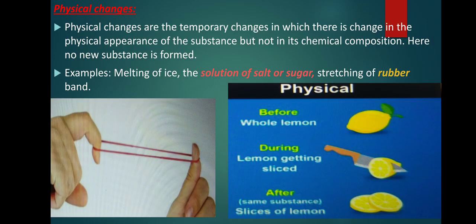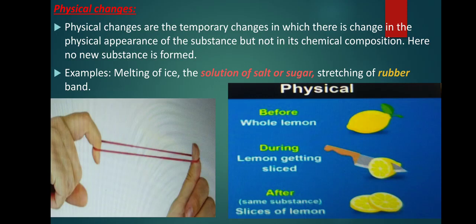Now we are going to discuss physical change. Definition of physical change. Substances often undergo changes that make them have a dramatically different appearance, even though the chemical composition of the substance remains unchanged. For example, you can take a flat, smooth sheet of paper and crumple it into a ball or fold it into an aeroplane.